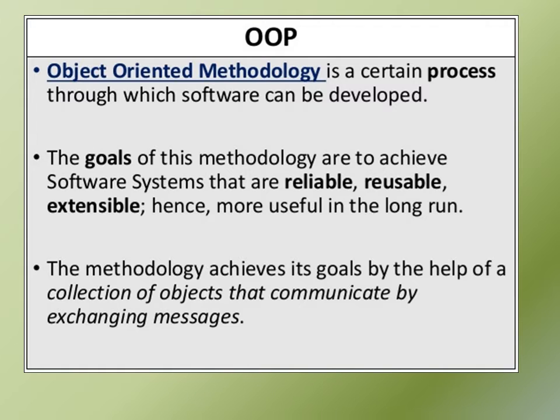The methodology achieves its goal with the help of a collection of objects that communicate by exchanging messages. So in a program we can create a number of objects and those objects communicate with each other by exchanging messages.